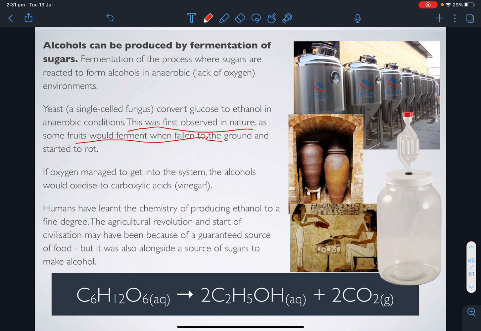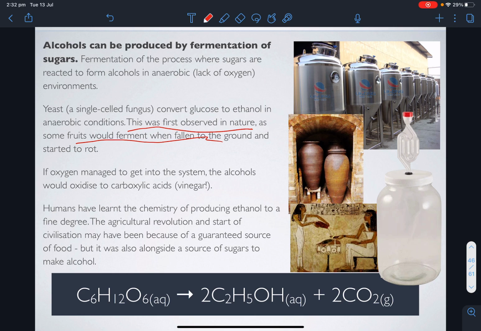If it's lacking exposure to air, it'll start to ferment as well. So first observed in nature. So we're guessing, because humans have been doing this for a very long time, that we first observed it very, very early. I think I mentioned down below that animals seek out these fermented fruits and fermented things too.